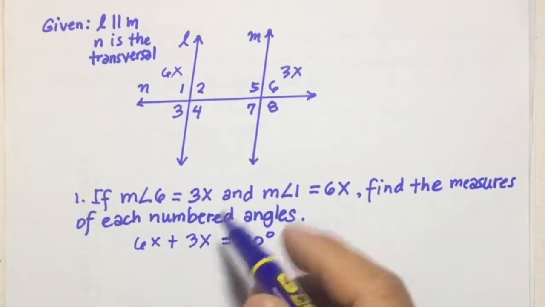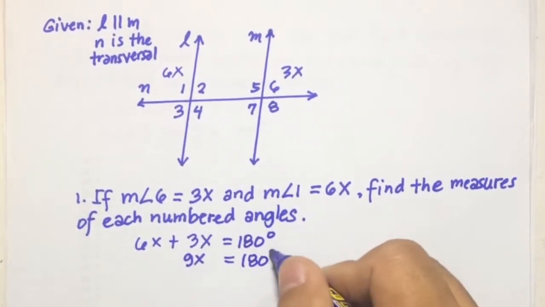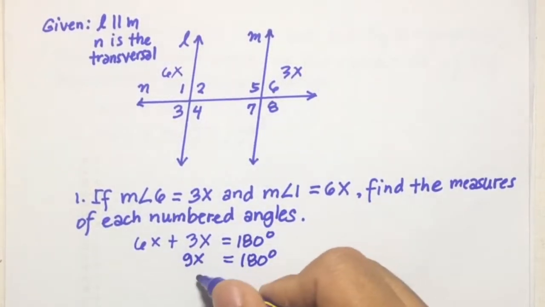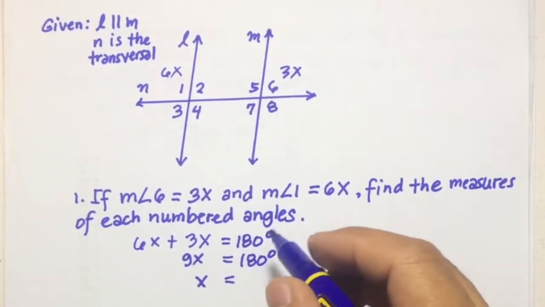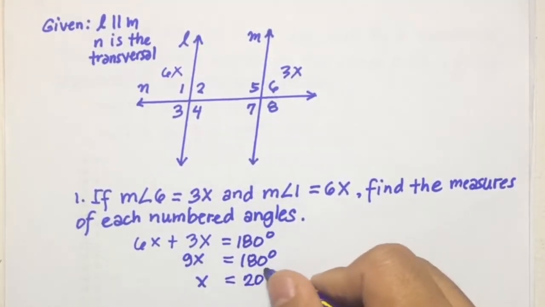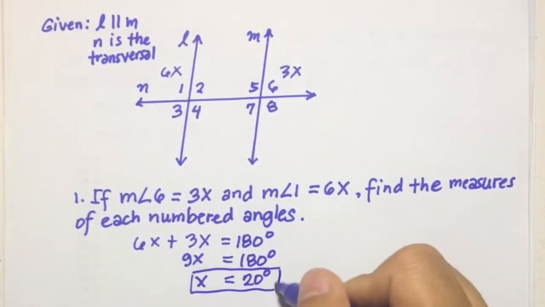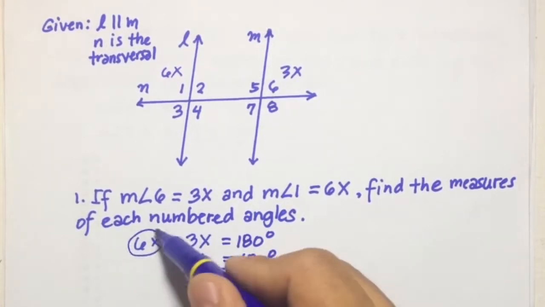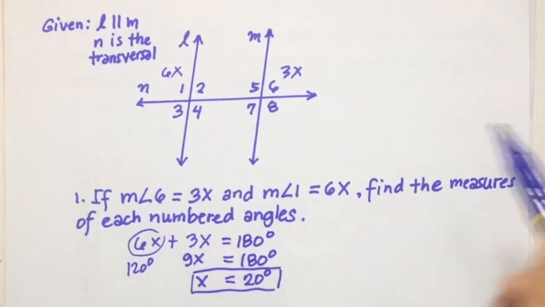Then 6x plus 3x is 9x equals 180 degrees. Dividing both sides by 9, x equals 180 divided by 9, which is 20 degrees. So x is 20, and the measure of angle 1 equals 6x, so 6 times 20 will be 120 degrees.